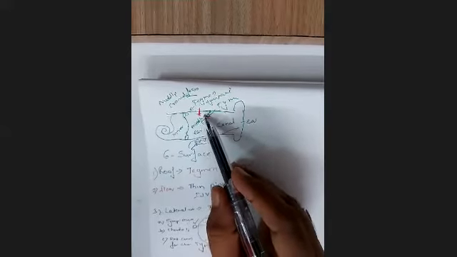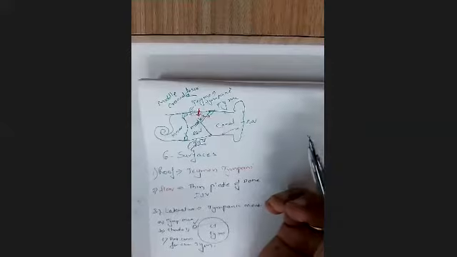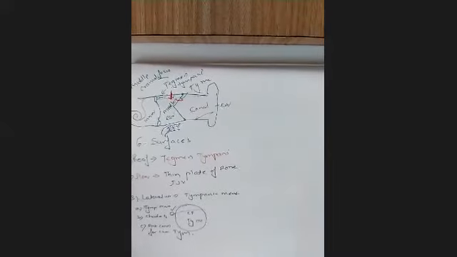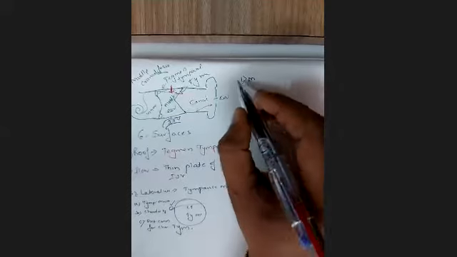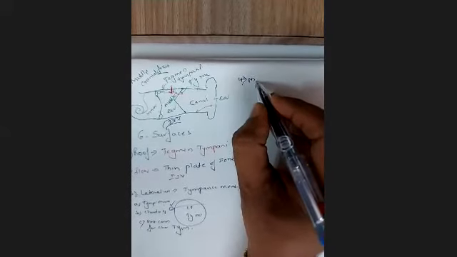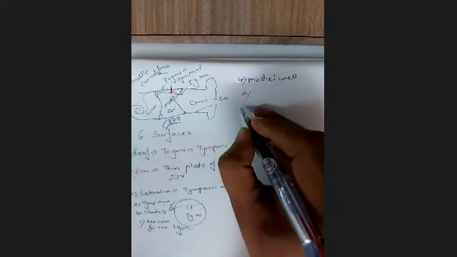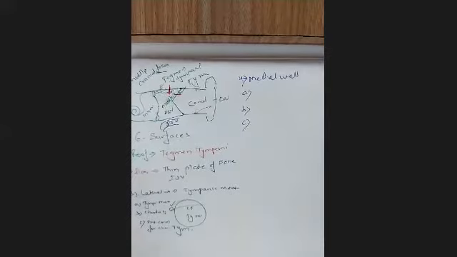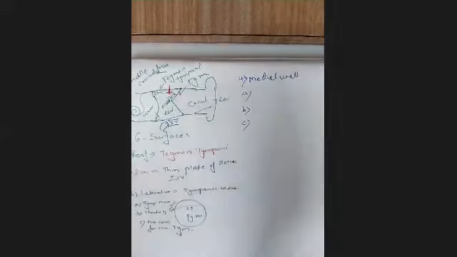So the malleus will be here, the incus will be here, and the stapes is here. Now let us start writing about the medial wall. So the fourth thing is the medial wall, and we are going to describe that every wall, anterior, posterior, medial and lateral, is A, B, C.